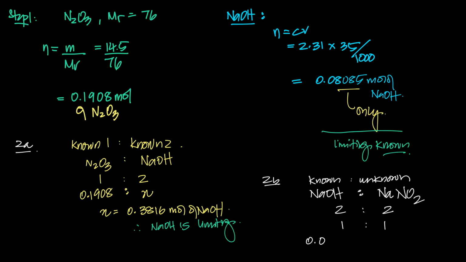I have limited 0.08085 is to X, not 0.38. That's in excess, I didn't have that. I only really had 0.08085. And this tells me I will make 0.08085 moles of NaNO2.